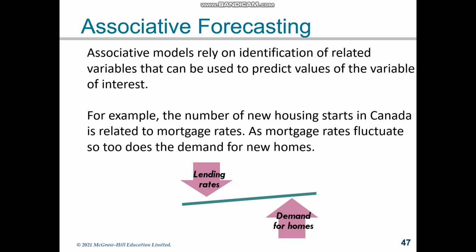Alright, now let's talk about another technique that we can use for forecasting. Associative models are models that rely on identification of related variables that can be used to predict values of the variable of interest.